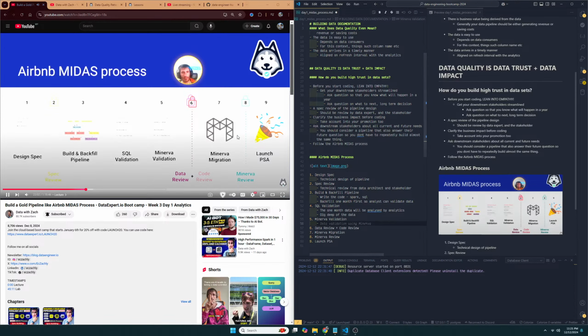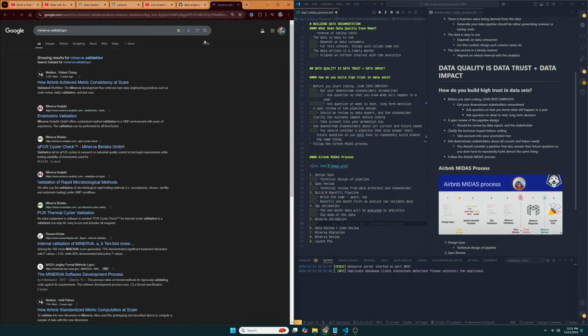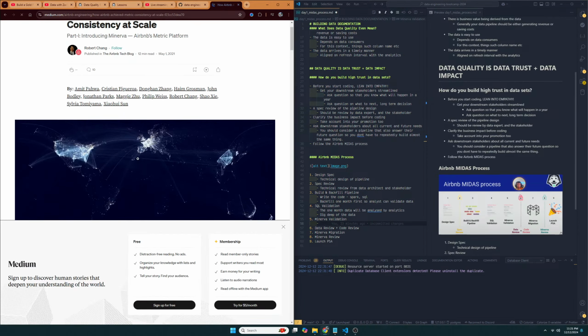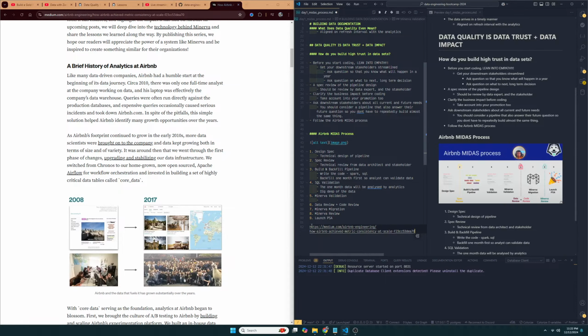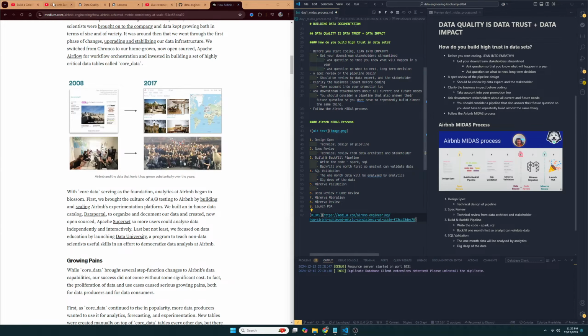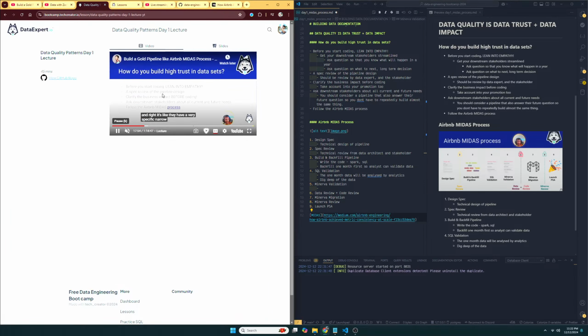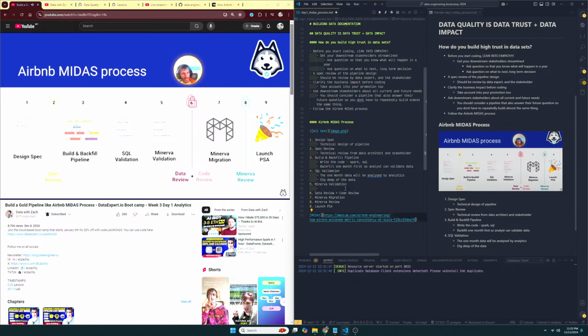Minerva is an open source metric repository container thing that Airbnb uses to hold all their business metrics, and they validate all the new Minerva metrics.